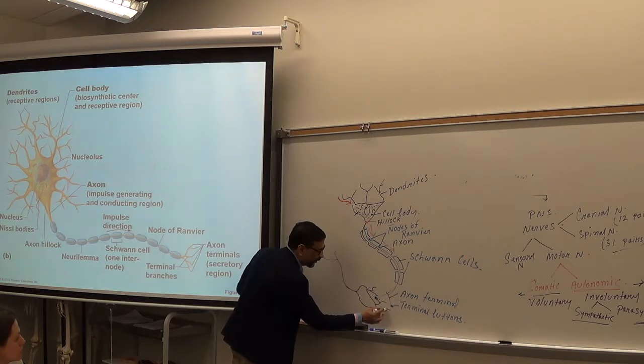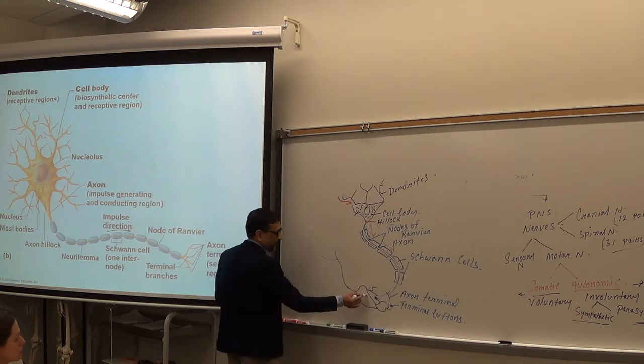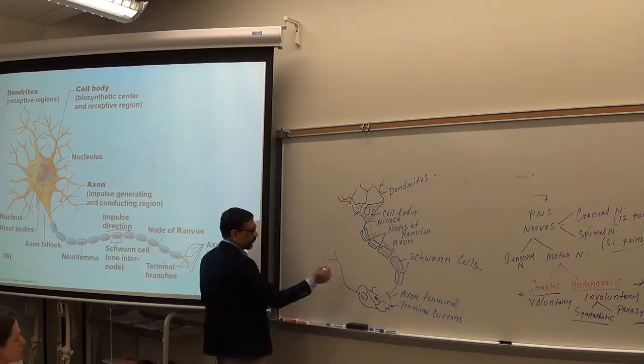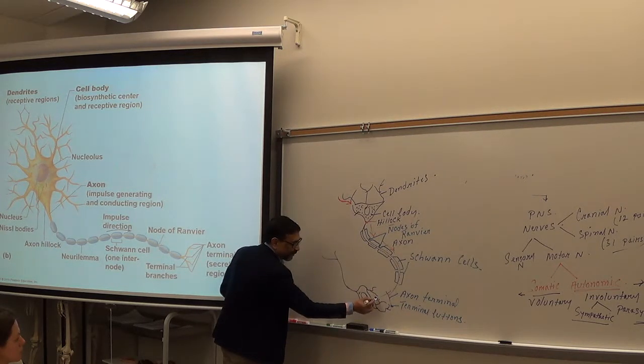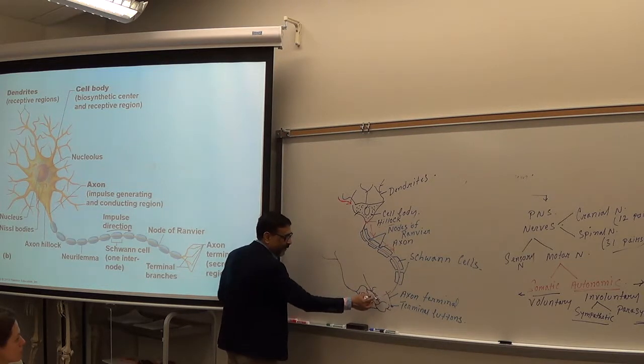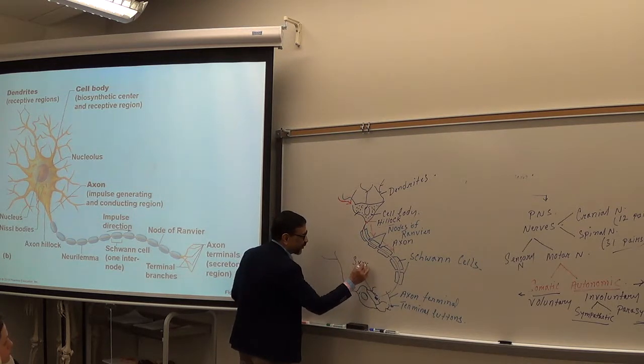Okay, so these are dendrites. Another neuron, the next neuron, this one. So you see that the axon terminal gives a signal to the dendrites of the next neuron, and this is the synapse, where the axon terminal gives the signal to the dendrites of the next neuron. So that is called a synapse.